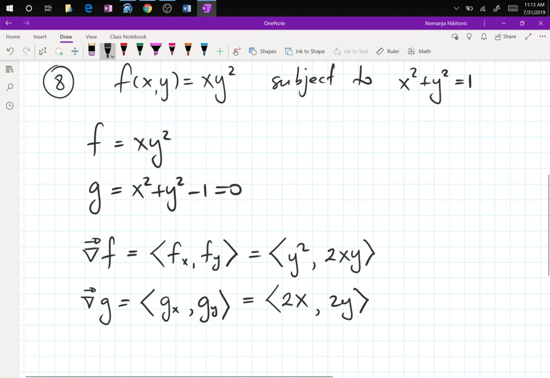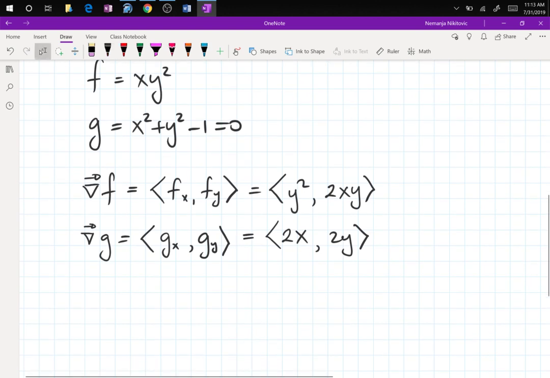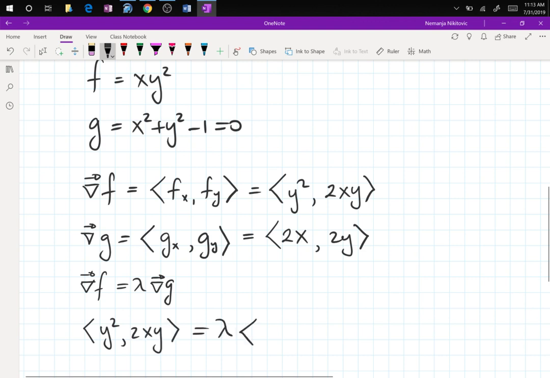So we have equations given. We find both of these gradients, and then we use the formula del f equals lambda del g, which means that the vector y squared, 2xy is equal to lambda times vector 2x, 2y.